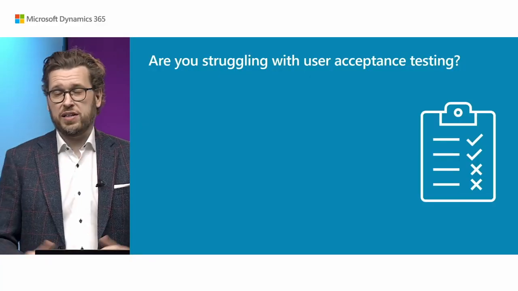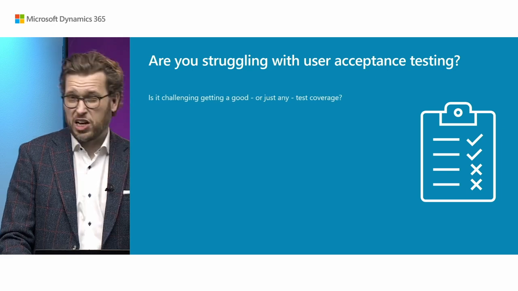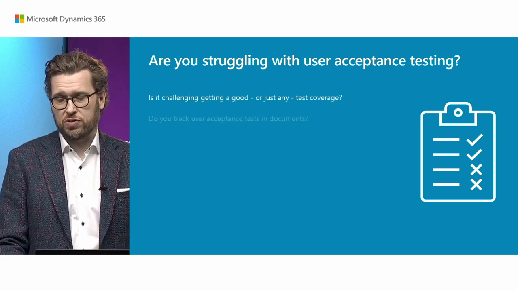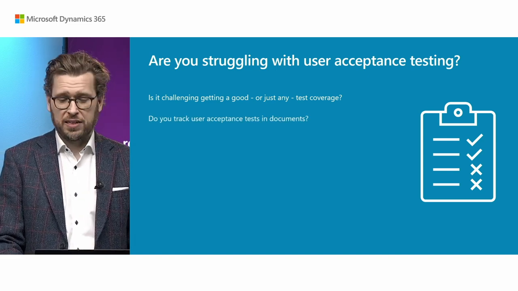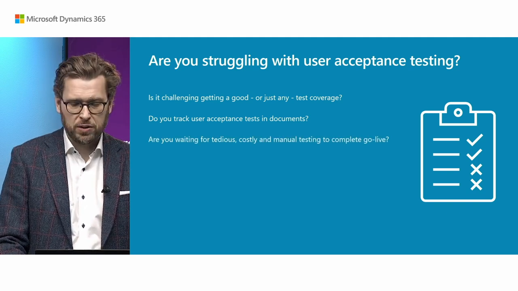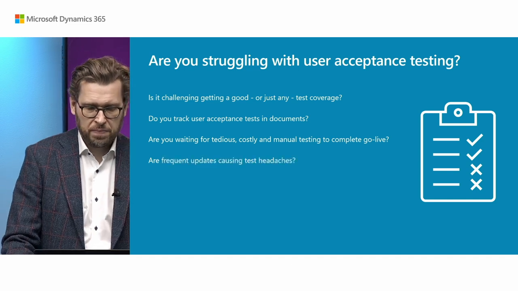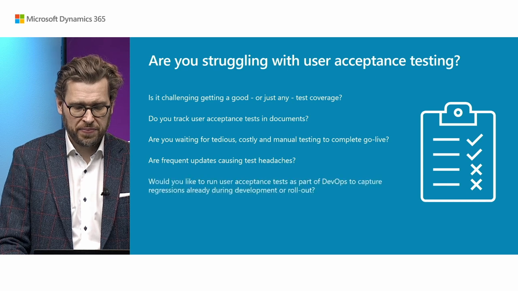So, are you struggling with user acceptance testing today? Is it challenging getting good or even any test coverage? Do you track user acceptance tests in documents? Are you waiting for tedious manual testing to complete before go live? Are the frequent updates causing test headaches?